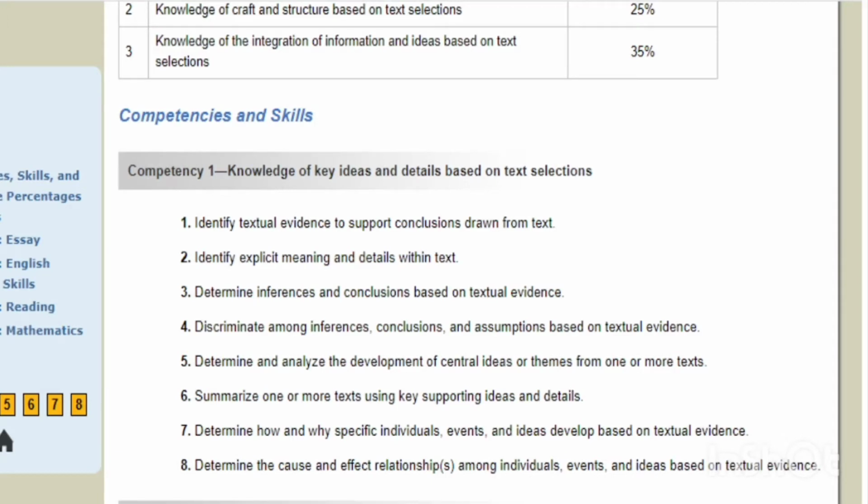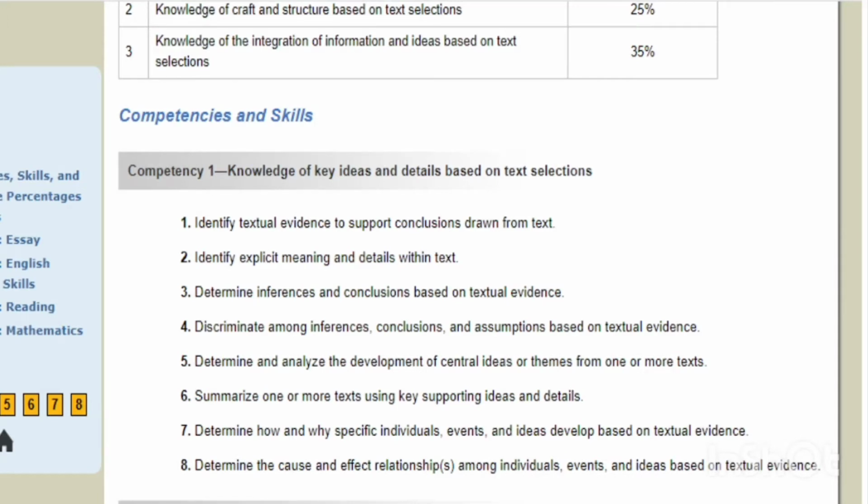Number 5, determine and analyze the development of central ideas or themes from one or more texts. Number 6, summarize one or more texts using key supporting ideas and details. Number 7, determine how and why specific individual events and ideas develop based on textual evidence. And the last one is determine the cause and effect relationships among individuals, events, and ideas based on textual evidence.